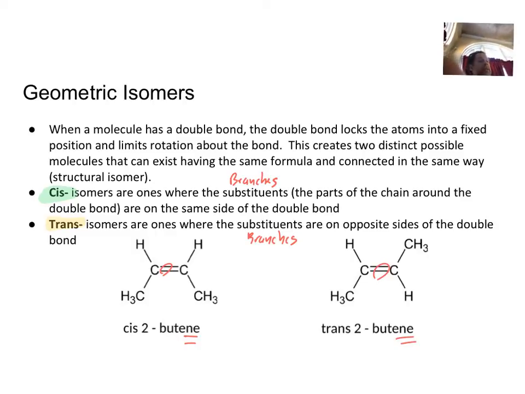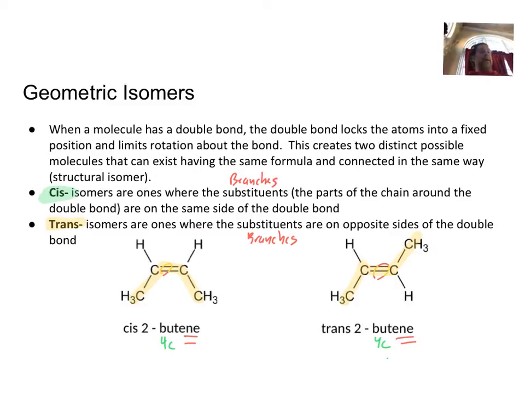The longest continuous chain of carbons in both of these is 1, 2, 3, 4, and as a result of that, the prefix we would use for 4 carbons long is but, not but, it'd be a but, 4 carbons.